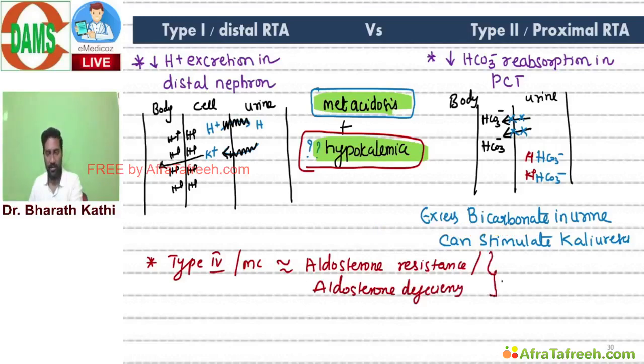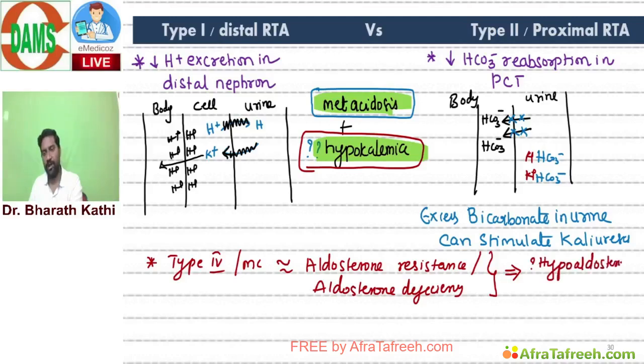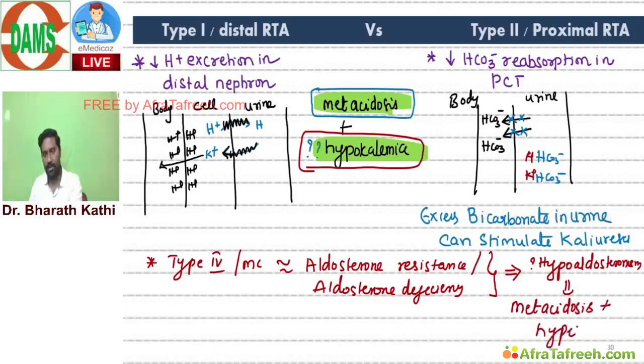Whenever aldosterone is not there or not functioning properly, what will the phenomenon be equivalent to? It will be equivalent to hypoaldosteronism. Now what will be the end result of hypoaldosteronism? It will be metabolic acidosis with hyperkalemia.